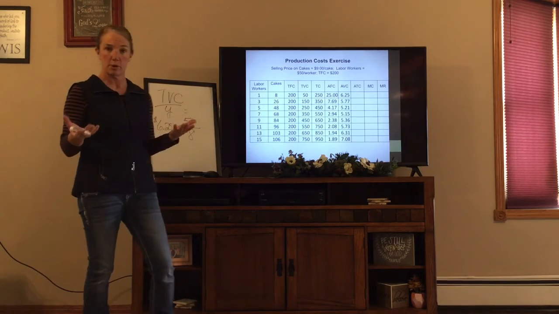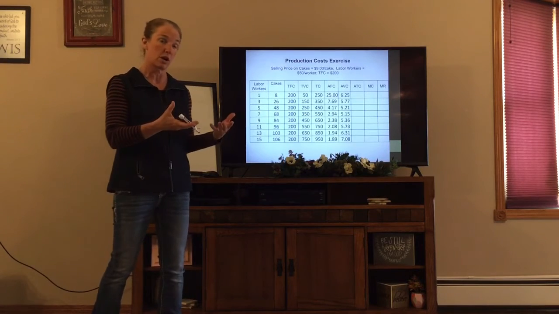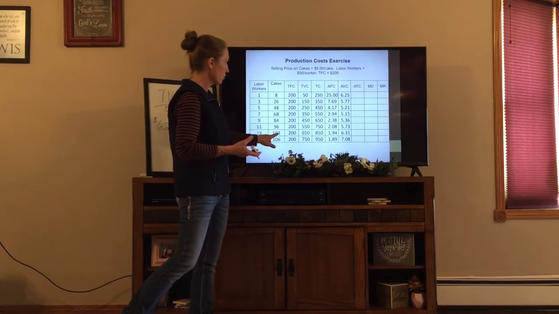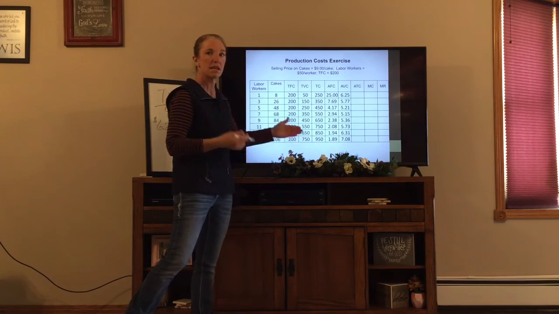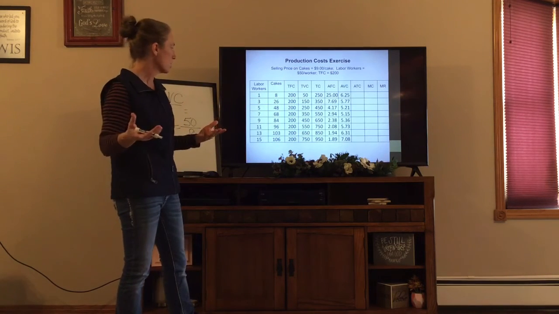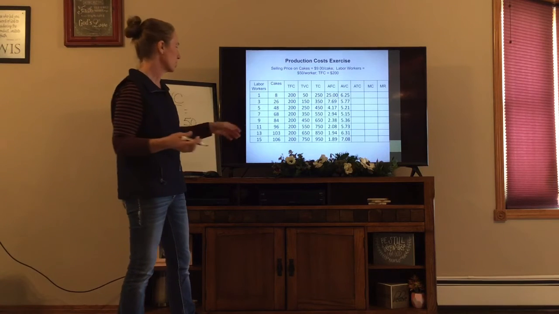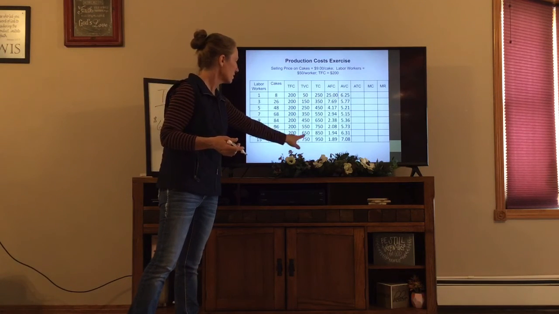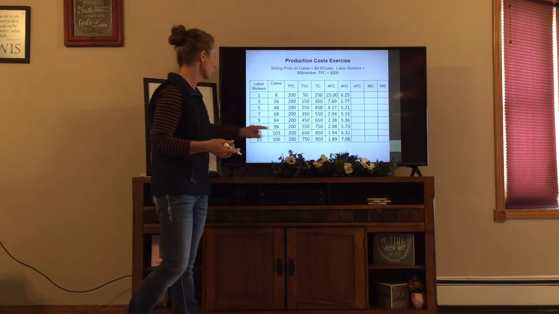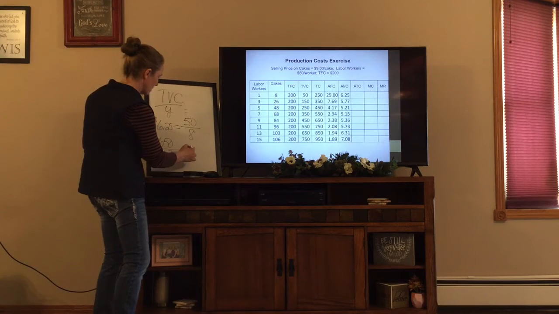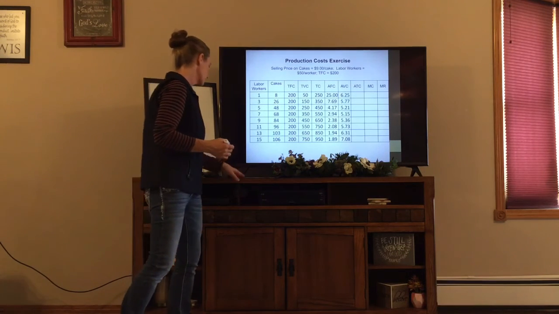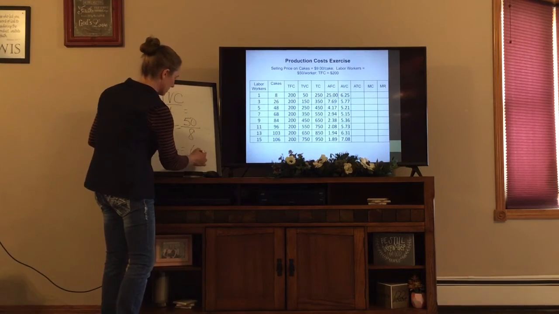So it costs me that per cake to produce them to cover the variable costs. But if I produce 103 cakes, my variable costs have increased because the more I produce, the more of those variable costs I have. So now I'm going to take my $650 divided by 103, and we see that we now are going to have an average variable cost of $6.31.